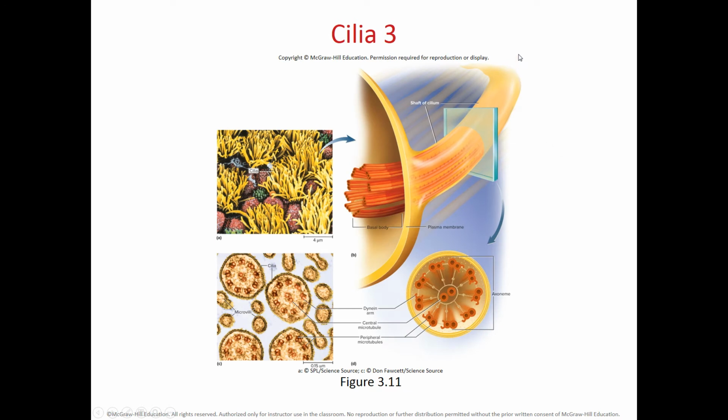So if you take a structure like a cilia and you make a cross section on the shaft of the cilia, you will be able to see the arrangement of the microtubules. So this will be the core, and you have a 9+2 arrangement. So you have 2 microtubules in the center and 9 pairs of microtubules around this, and this is called an axoneme. And in here, connecting the microtubules, you have this protein called dynein.